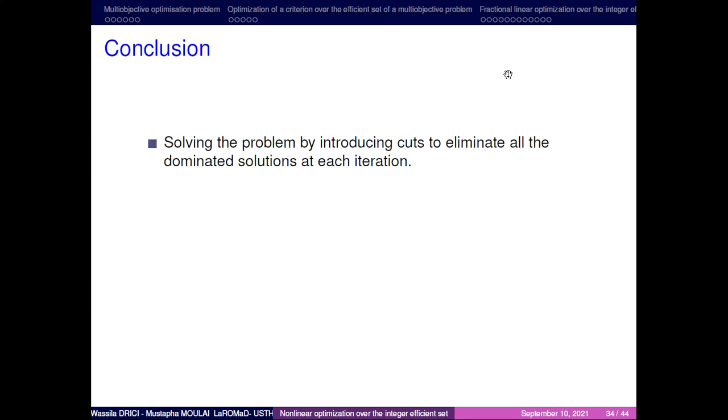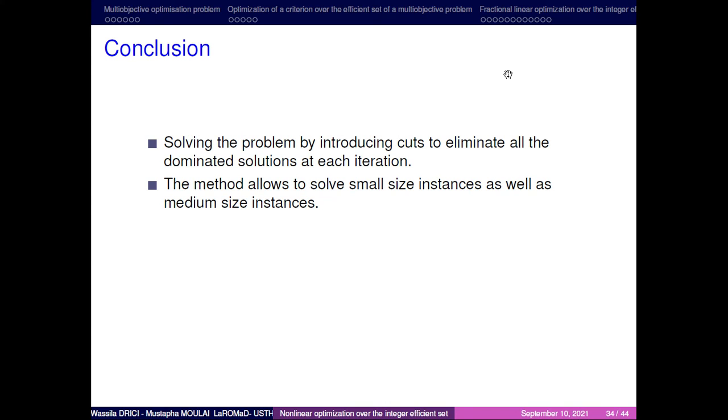As a conclusion, we can say that the method presented here consists of reducing the set of feasible solutions at each step of the algorithm by introducing cuts. In the computational study, the method allows solving small scale size instances as well as medium scale size instances.